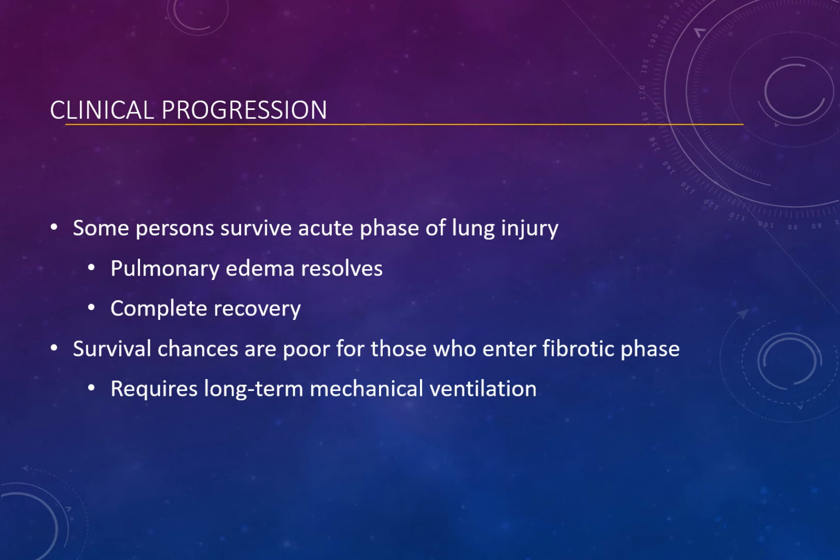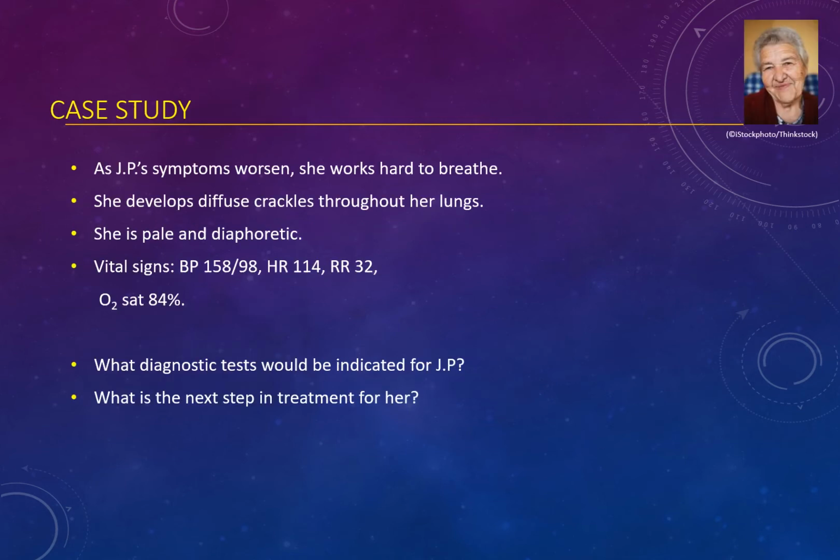Some things that will additionally affect that would be if they have any pulmonary complications already, if they've had pneumothorax, history of asthma, COPD. Those patients have a greater chance of going into the fibrotic phase.